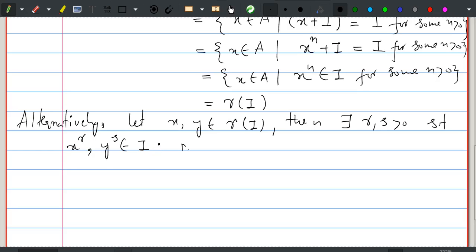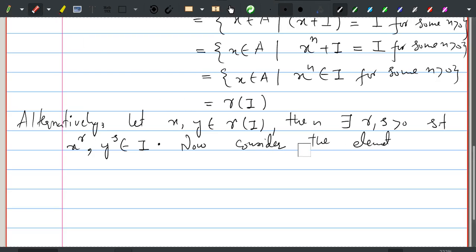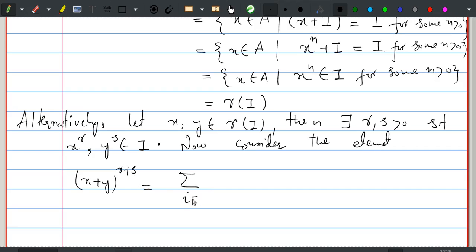Now let us consider this element here, x plus y to the power r plus s. So using binomial theorem, this is actually the sum, i goes from 0 to r plus s, of r plus s choose i, x to the power i, y to the power r plus s minus i.